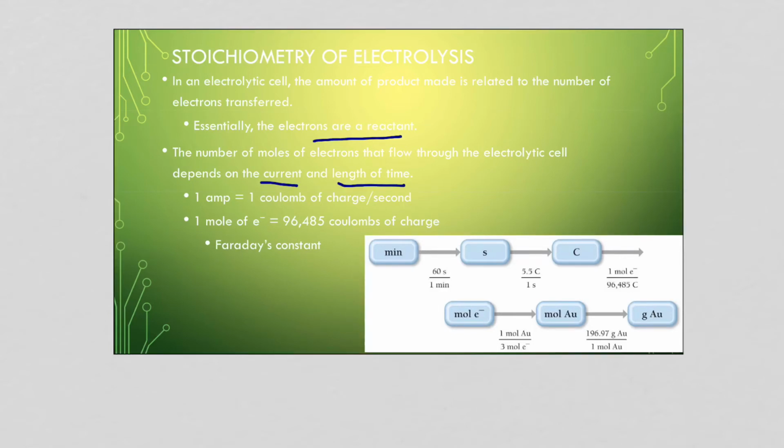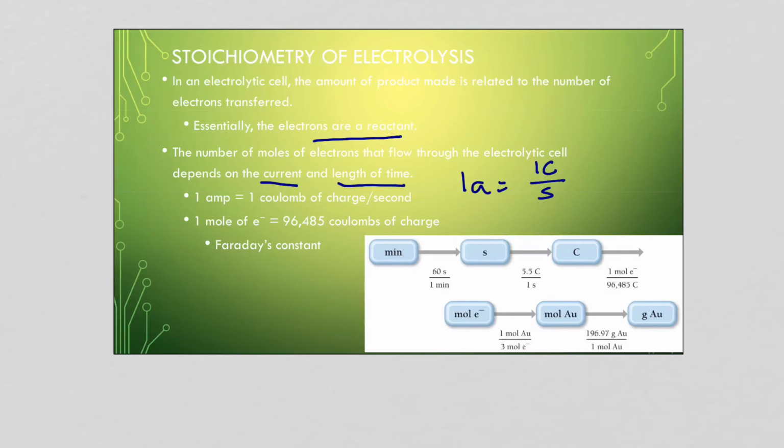Earlier we said that 1 amp of current is equal to 1 coulomb per second. So if you run 2 amps, it's 2 coulombs per second, etc. And remember, Faraday's constant tells me the amount of coulombs, or how much charge, is in 1 mole of electrons.